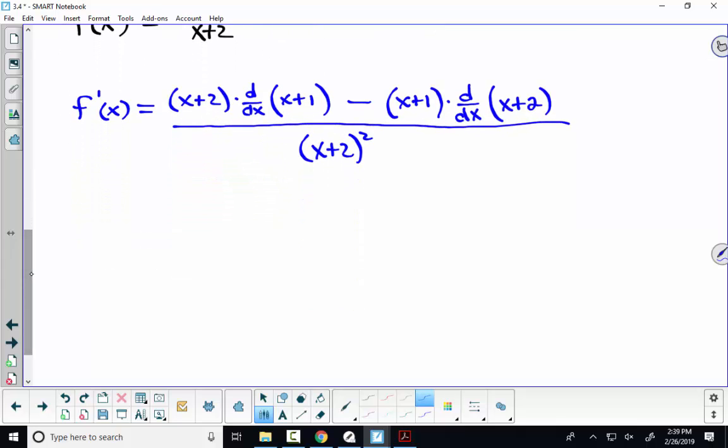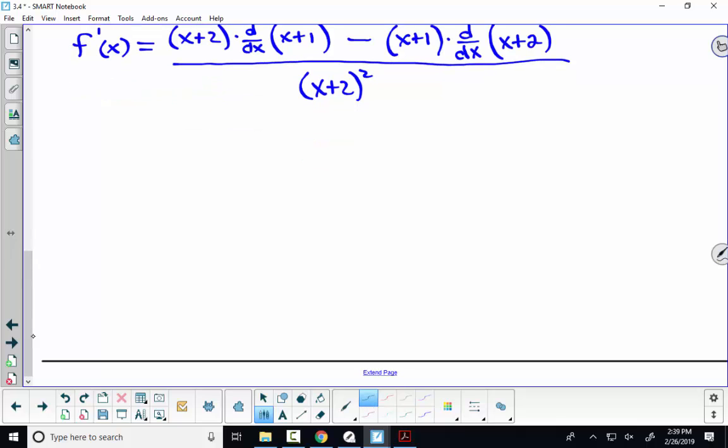Even if you know the derivative automatically, even if you know the derivative of x plus 1 and the derivative of x plus 2, at least for now I wouldn't recommend inserting those in there, just so we can keep our bearings. Off to the side, we compute those separately.